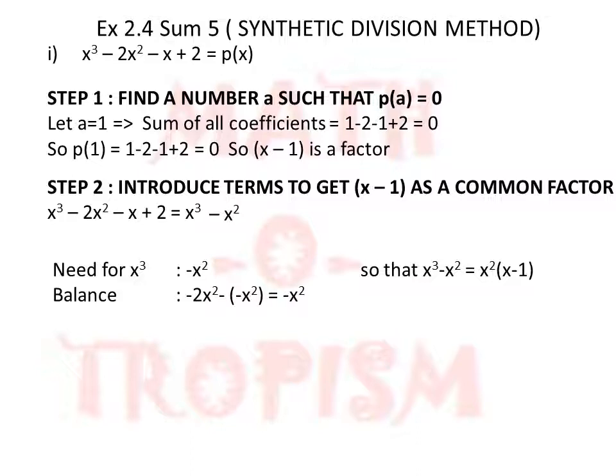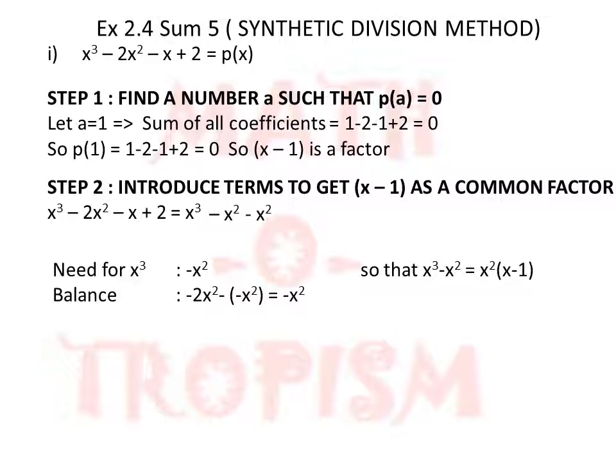So I will be writing minus 2x square minus of minus x square. The balance now comes to minus 2x square plus x square, which is minus x square. So I put that minus x square next to the previous term.